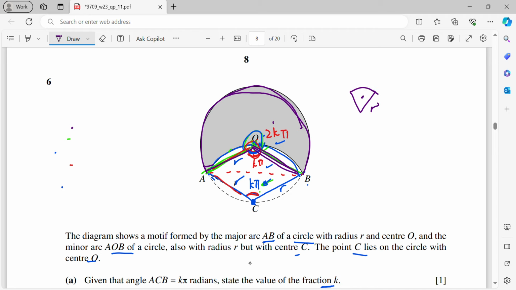This is R, the angle is theta. So the arc length is theta R. Now we know the radius is R, the angle is 2K pi, so I can find this easily.